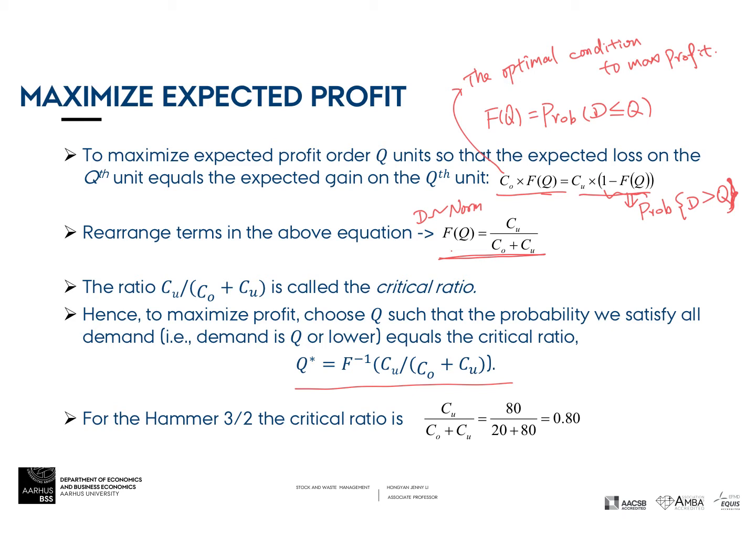Here we need to use a critical ratio. The ratio between the underage cost and the total cost is called the critical ratio. If you can find the critical ratio for your problem, you can find the optimal order quantity equal to F inverse normal function of 0.8.